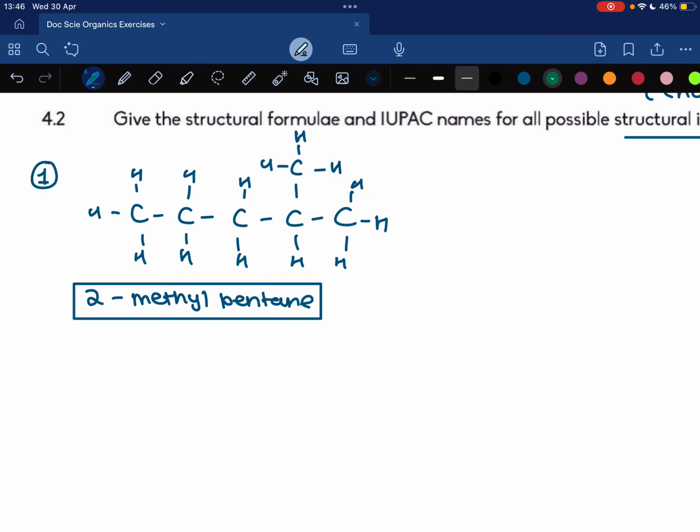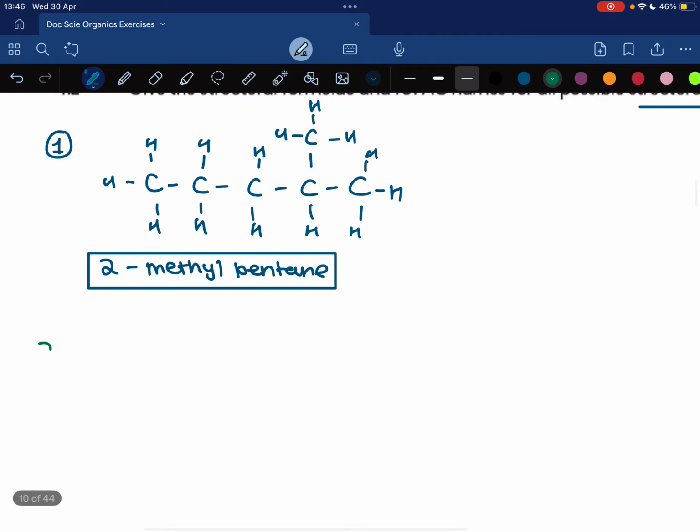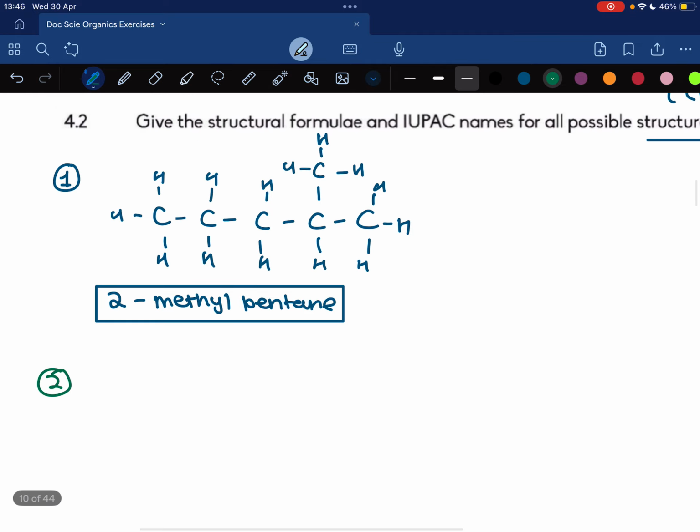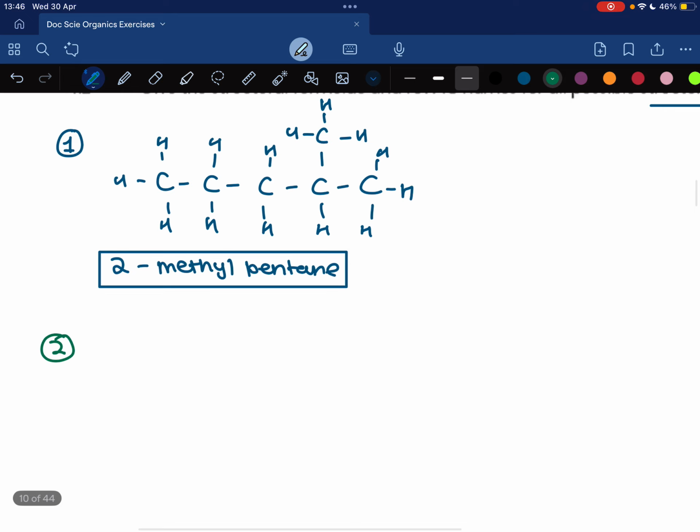Now let's have a look. What would happen, I could also move that side chain to the middle. I would have a different compound. So that is not a positional isomer, it's still a chain isomer. I've just moved the chain to the third one. So I'll still have 5.